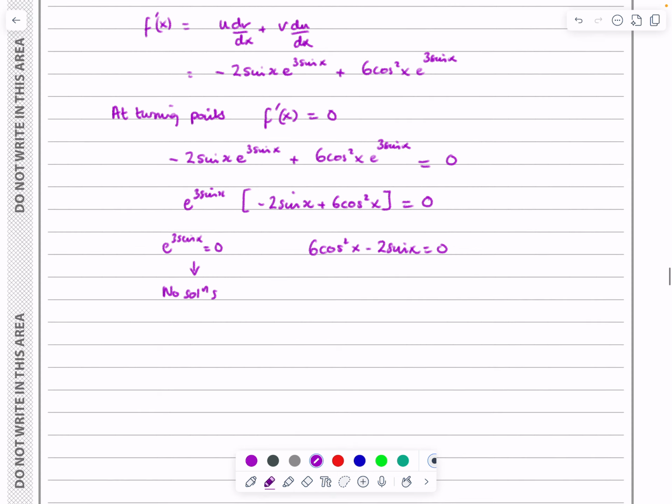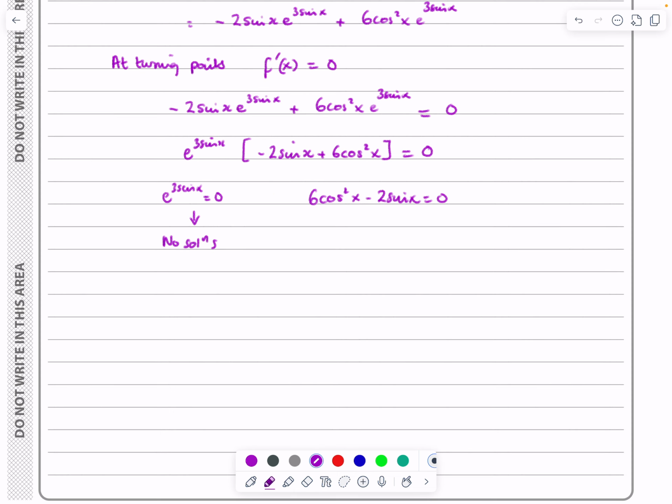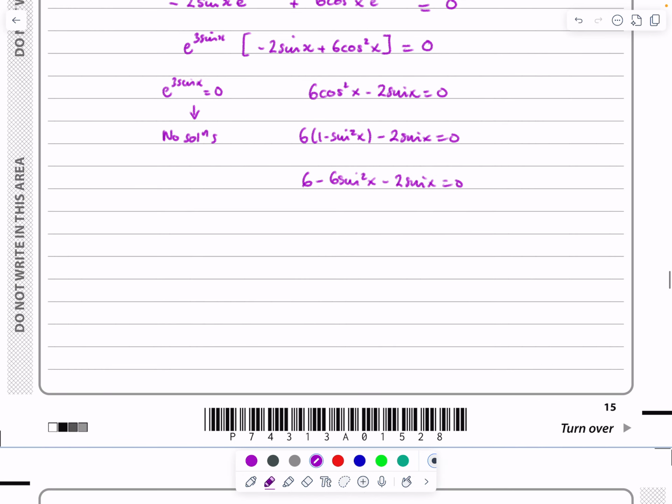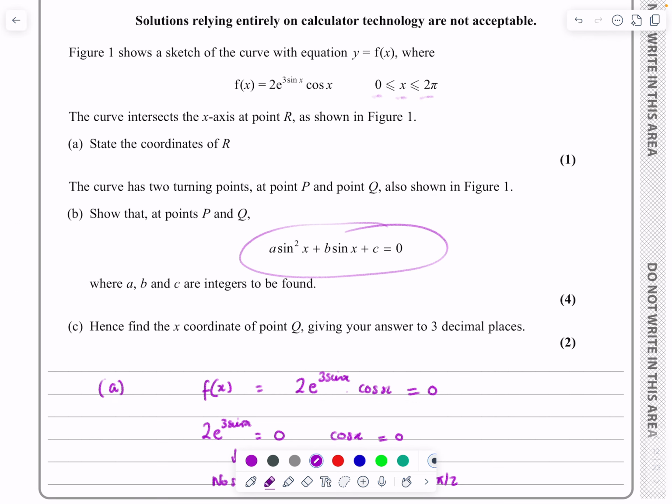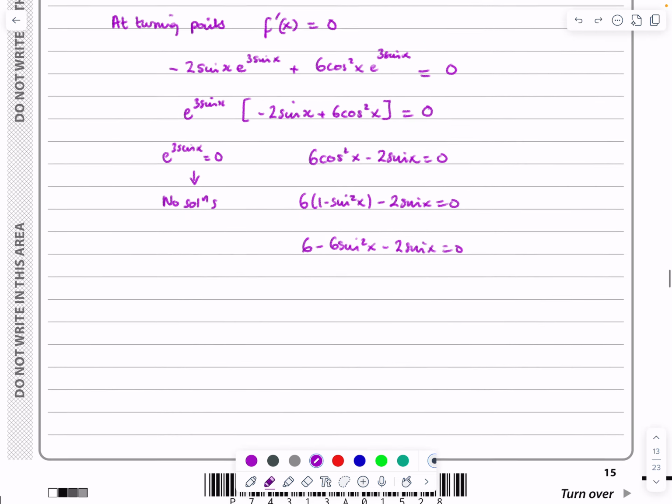And then hopefully you remember cos squared is 1 minus sine squared, so I can tidy that up as being 6 times (1 minus sine squared x) minus 2 sine x equals 0. And then multiplying that all out is going to give me 6 minus 6 sine squared x minus 2 sine x is equal to 0. And then just to make it look like the equation we were looking for up here, I'm going to tidy it up as much as I possibly can.